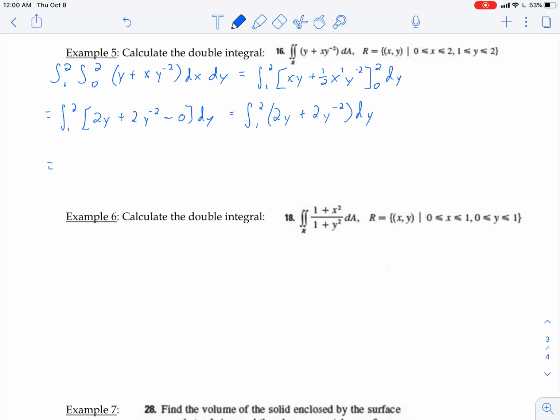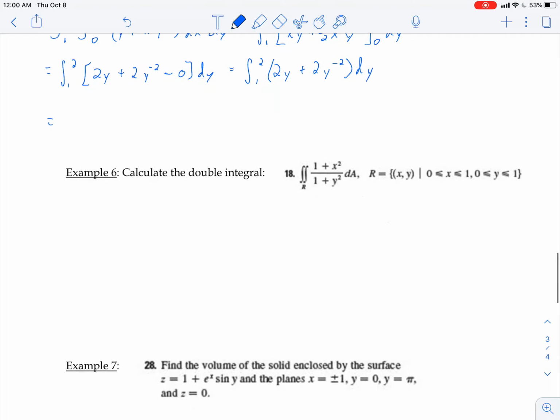Integrating 2y is just y squared. Integrating 2y to the negative 2, you have negative 1, so it's just going to be minus 2y to the negative 1 power, from 1 to 2.